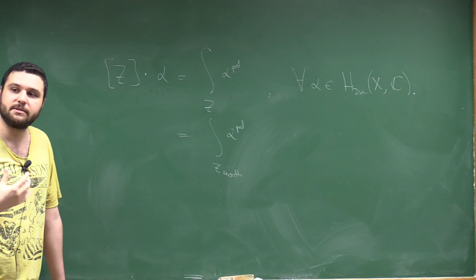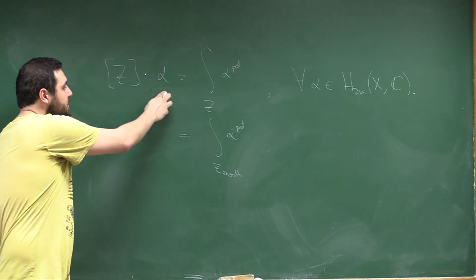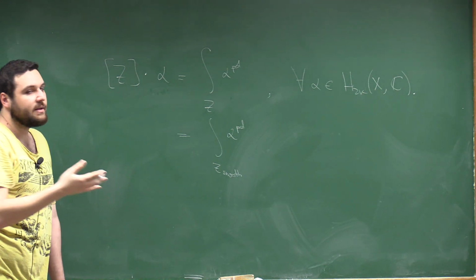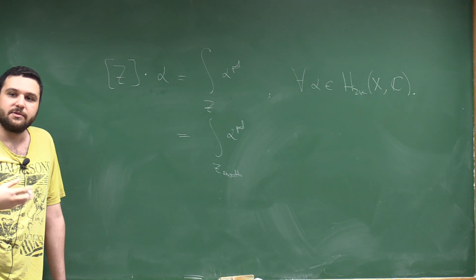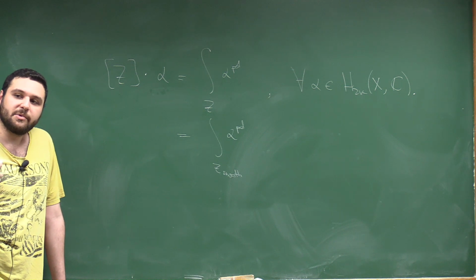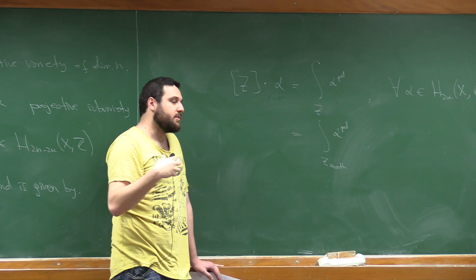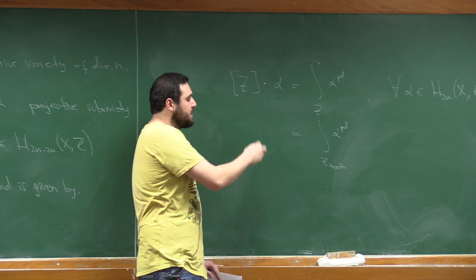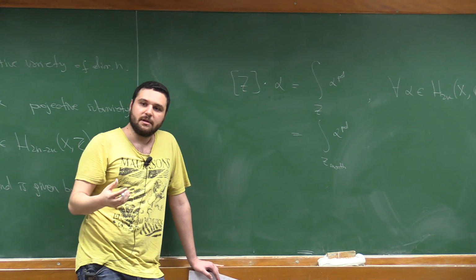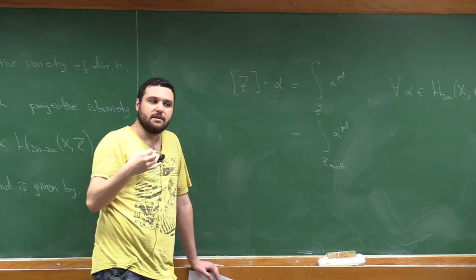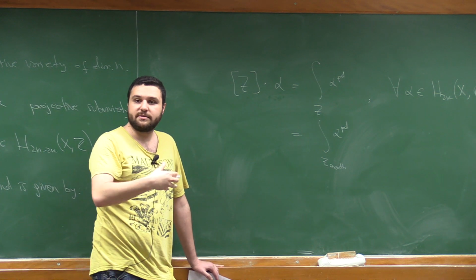We can also define the intersection product of a homological cycle with an algebraic subvariety, because you can always find a representative that intersects Z in its smooth part, and transversely in its smooth part.